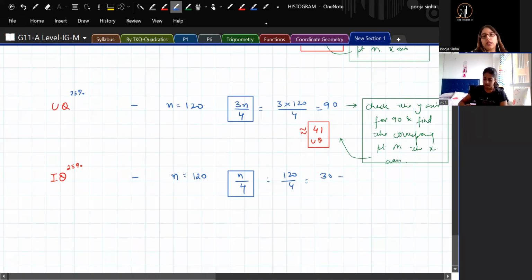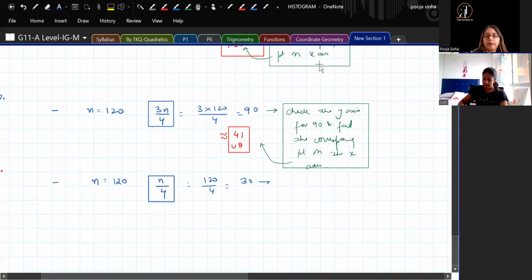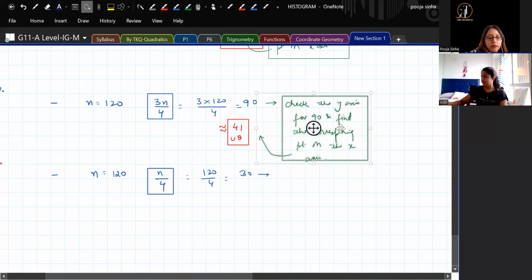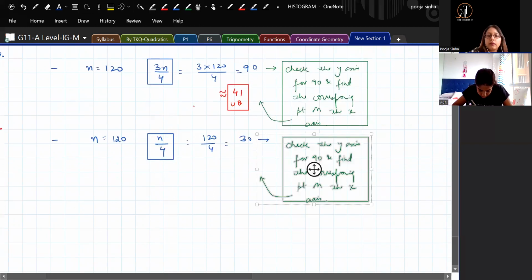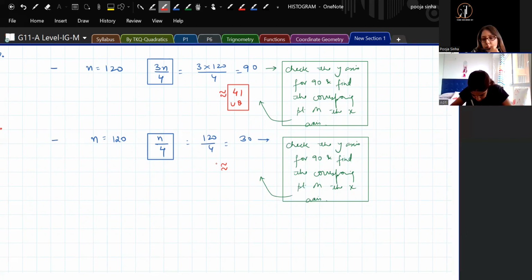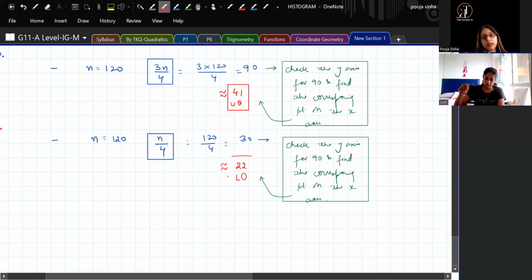But then we will not just do that, we will figure out the corresponding value. Approximately 22 is the lower quartile.